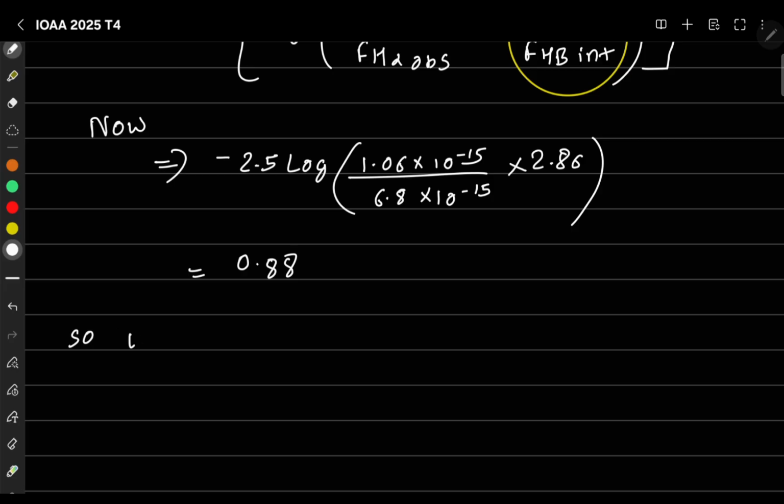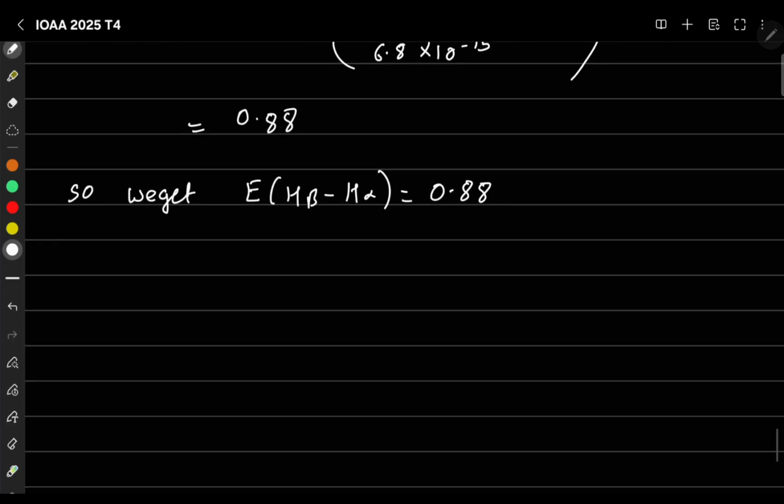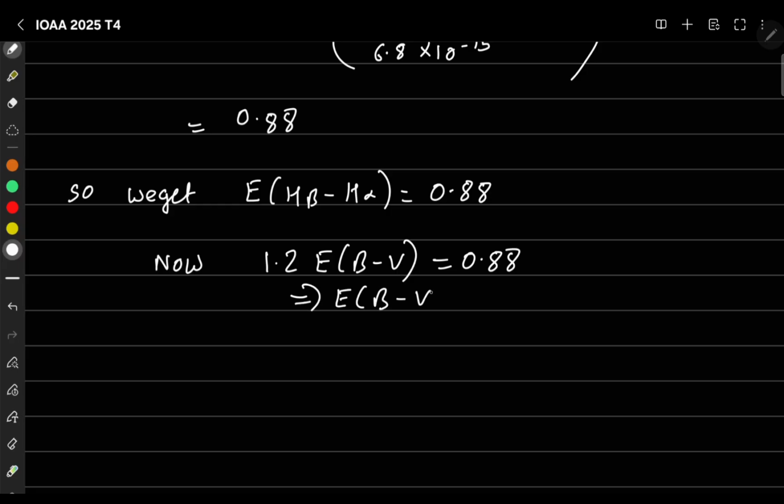So we get E(Hβ minus Hα) is 0.88. Right? Now E_Hβ is equal to 1.2 E(B minus V) equals 0.88, which implies that E(B minus V) is 0.88 divided by 1.2, which is 0.73.